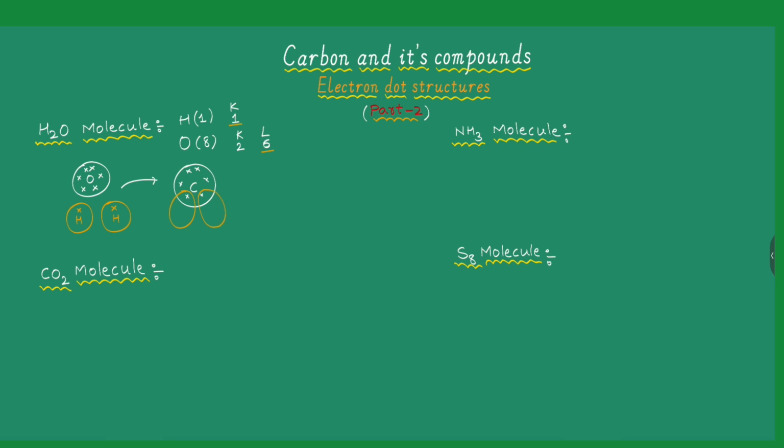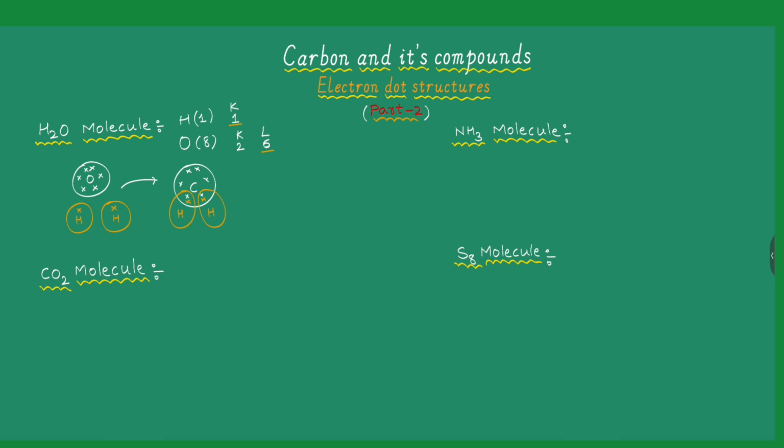So here hydrogen, here also hydrogen. Now these two electrons are shared by hydrogen. So two pairs of electrons, one pair between oxygen and each of the two hydrogen atoms, will be shared as shown in the figure.